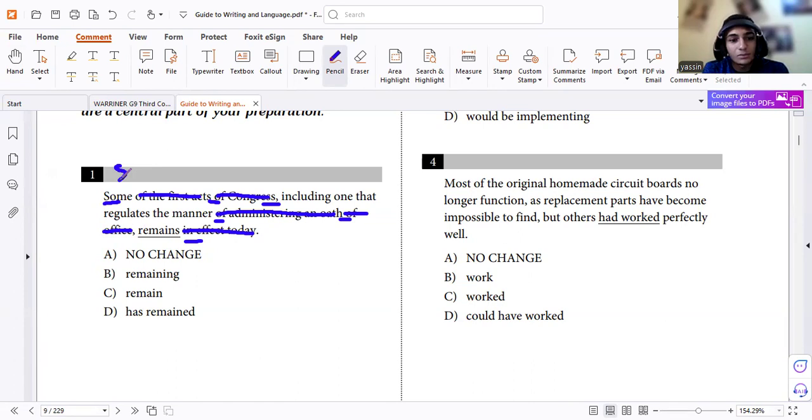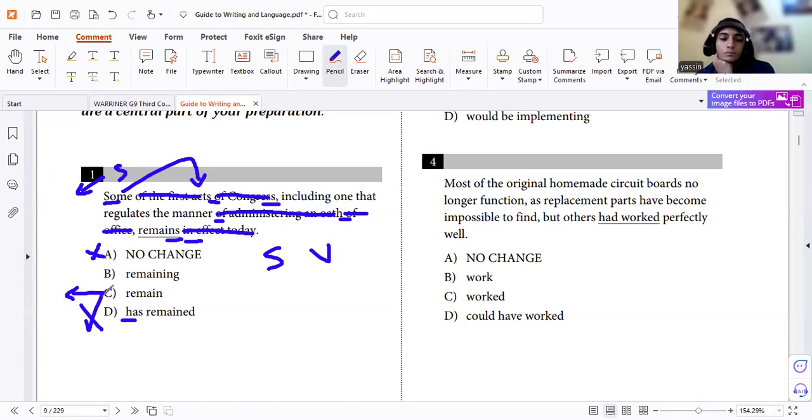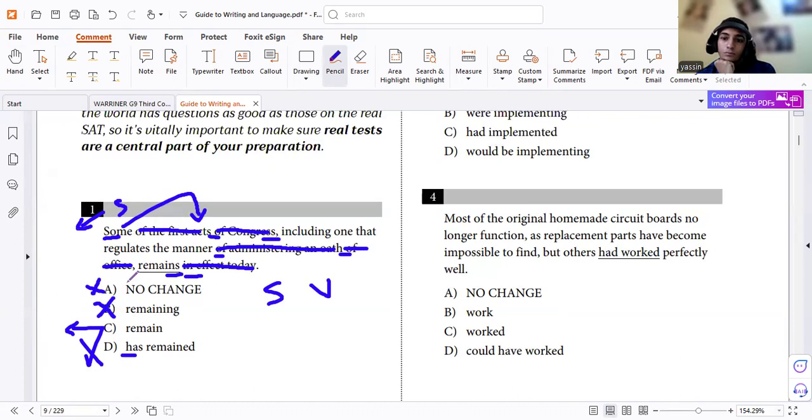"Some of the acts." So it's plural, so your subject is plural. If the subject is plural, the verb must be plural. So it's called agreement. All right. So why do we have "has"? It's plural. Wrong. Present simple tense. Wrong. It must be "some are remaining" or "were remaining." The verb phrase lacks a helping verb. Lacks, so it's wrong. That's why.